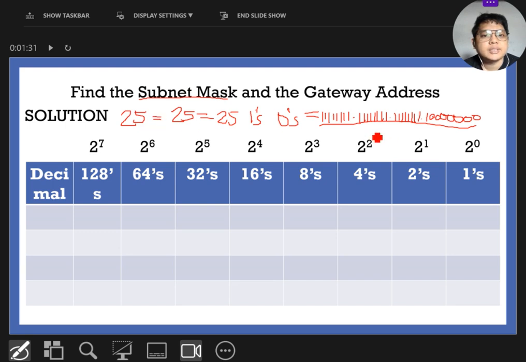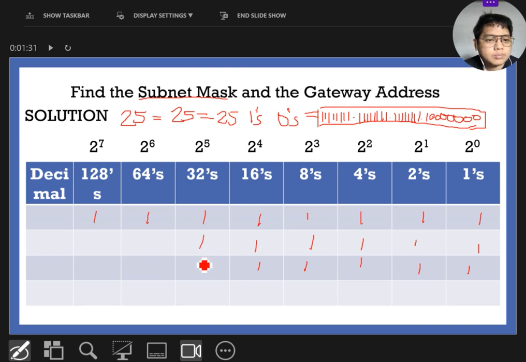Now to get the subnet mask, we need to convert this binary into decimal. So let's transfer this here.